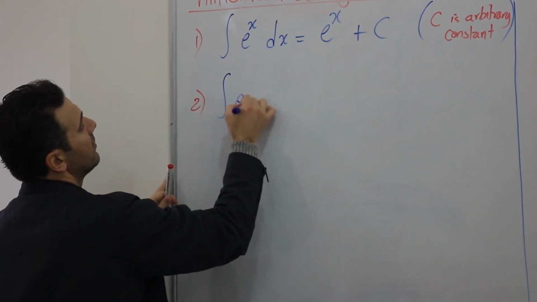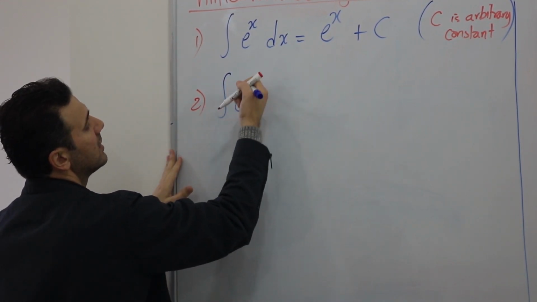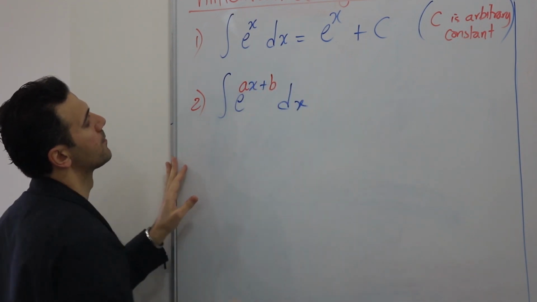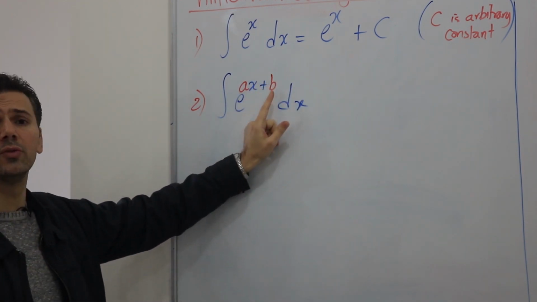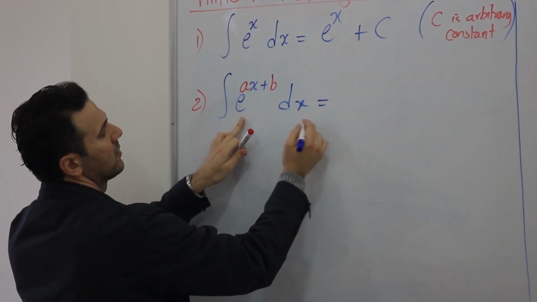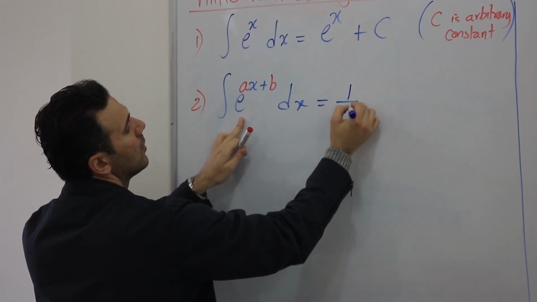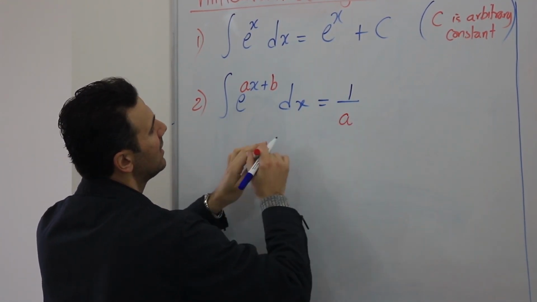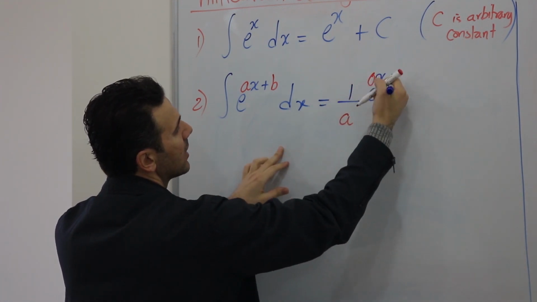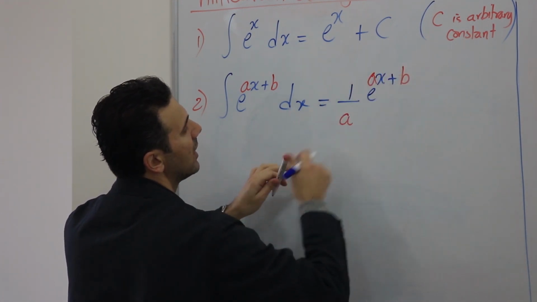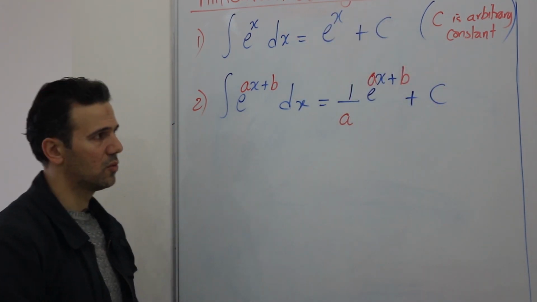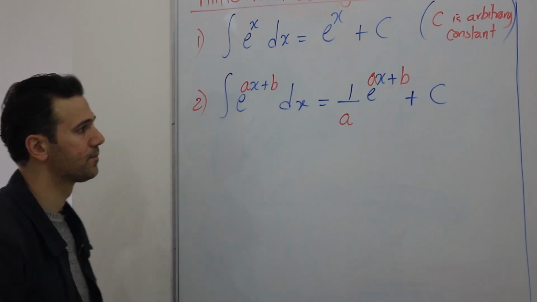Particular case: if we have e to the exponent ax plus b, dx, where a and b are two real numbers, the antiderivative of this will be what? 1 over a, you can directly use it, e^(ax plus b), and don't miss plus c, or you may call it k or whatever.